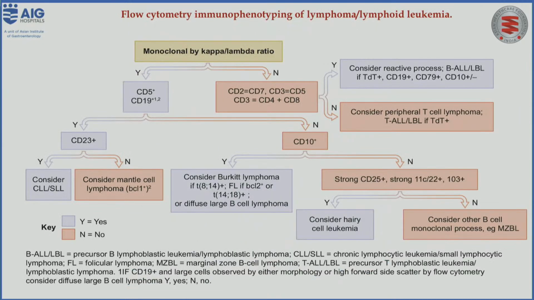For immunophenotyping of lymphoma and lymphoid leukemia conditions, we have to choose sequential markers using different parameters, like CD5 negative or CD19, and we follow these to identify the types of cancers, leukemias and lymphoid leukemias.